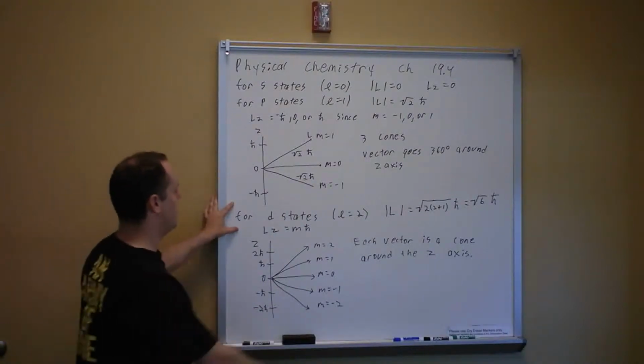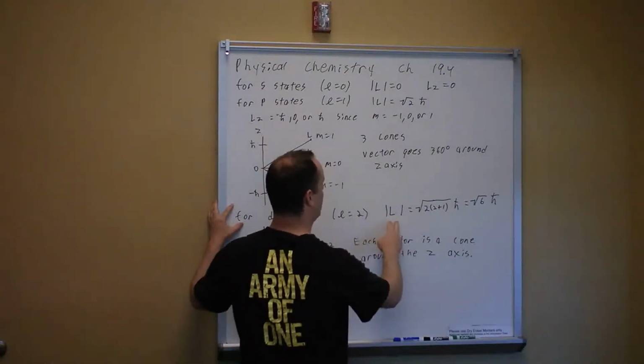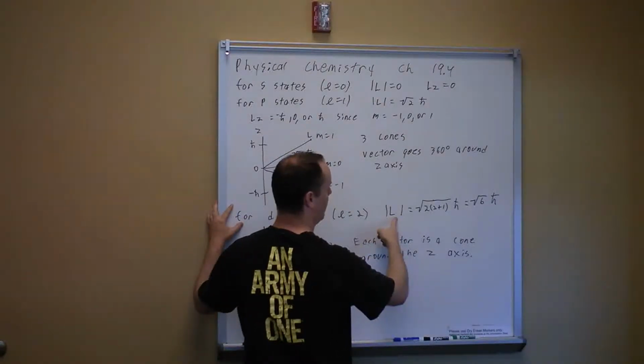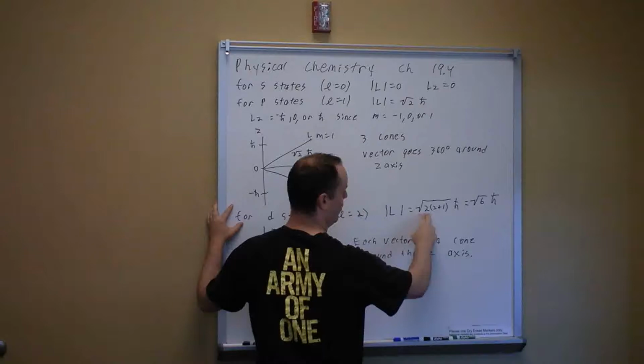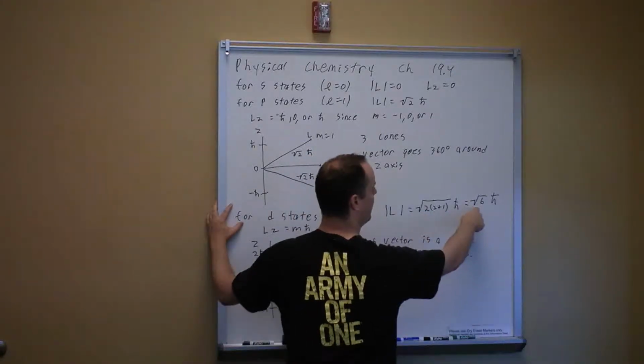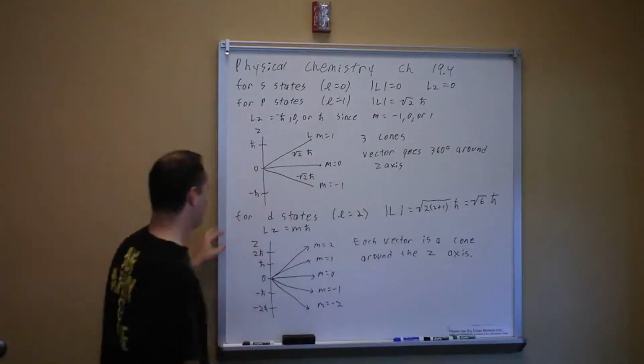And then for D states, lowercase l is equal to 2. So the absolute value of L, the magnitude of your angular momentum, is going to be the square root of 2 times 2 plus 1, times h bar. We simplify that, and it's just going to be root 6 h bar.